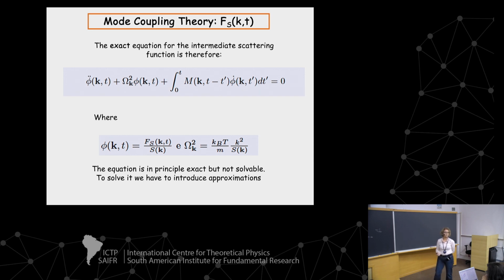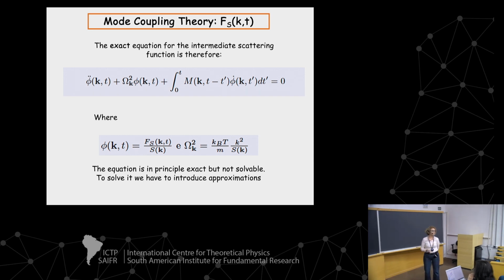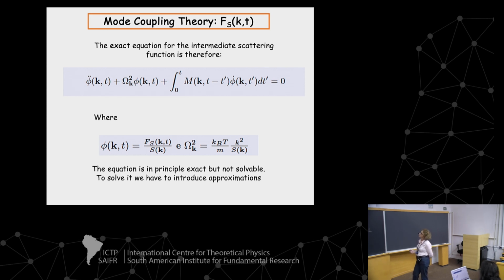I did not introduce the static structure factor because you already knew what it is, since Enrique already talked very extensively about it. And omega k squared is kBT over m, k squared over S of k.